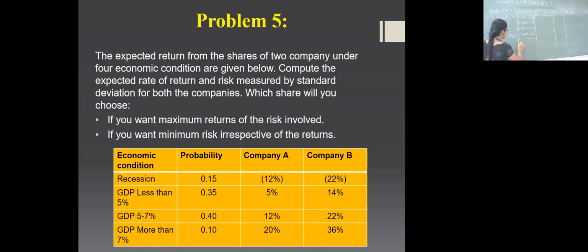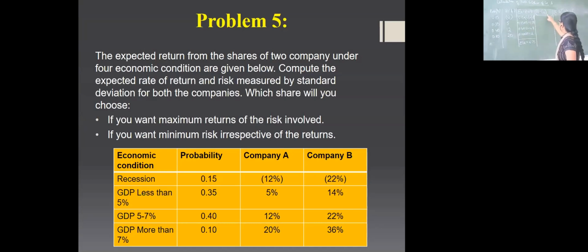Total ER, the summation: 1.75 plus 4.8 plus 2 minus 1.8 is 6.75. Are you all getting the same values? Yes, ma'am.